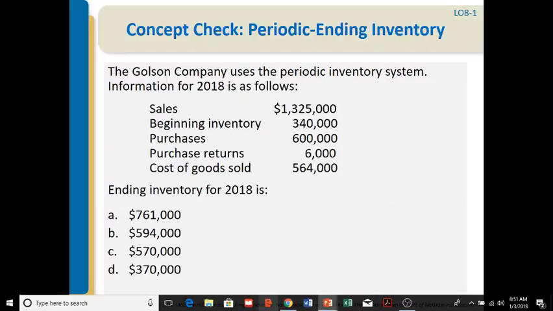What is ending inventory? Ending inventory is going to, didn't it already tell us what ending inventory is?